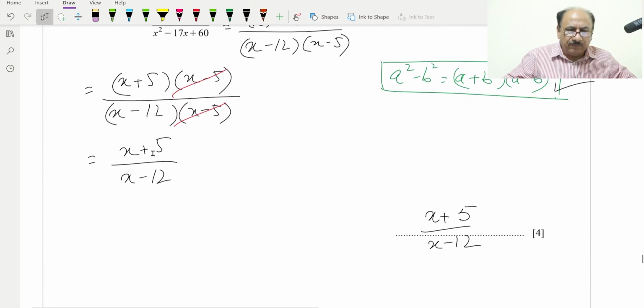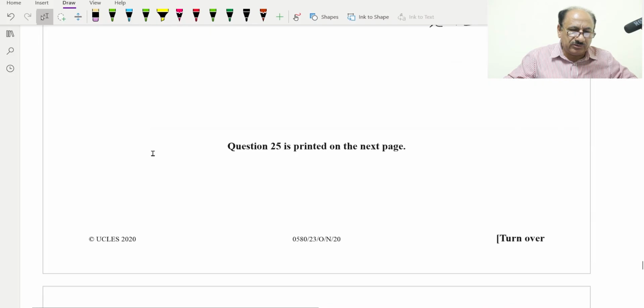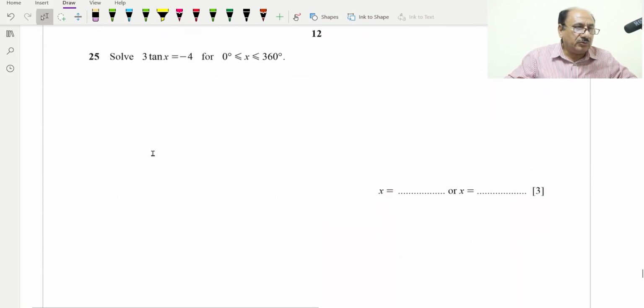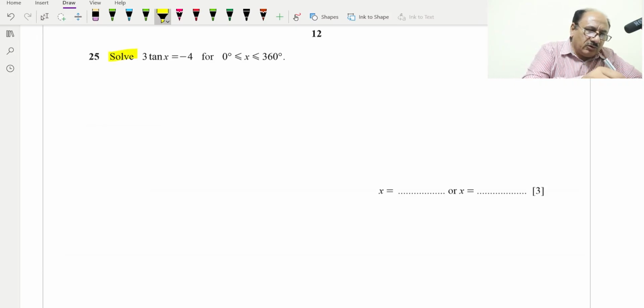Okay, so this is a 4-mark algebra question, which is a very important part of this exam. So you will have to practice algebra well, because it contains almost 30% of the paper. Now for this question, we have to solve this equation within this range.